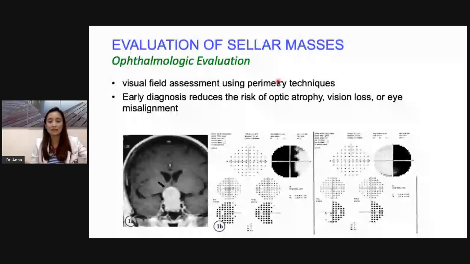This is an example of a perimetry result, and you can see the patient has bitemporal hemianopsia. These are the visual fields for your right eye and your left eye. Early diagnosis reduces the risk of optic atrophy, vision loss, or eye misalignment. If you have optic atrophy, it's very difficult to recover the visual loss already.